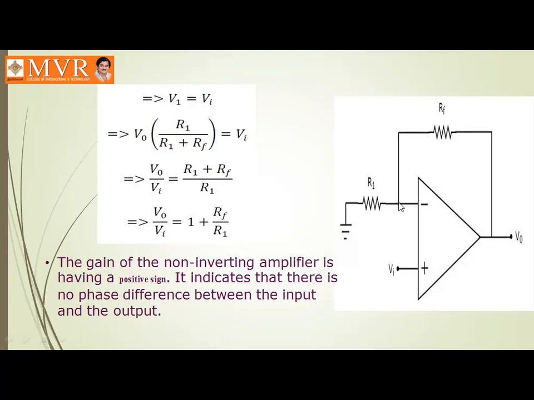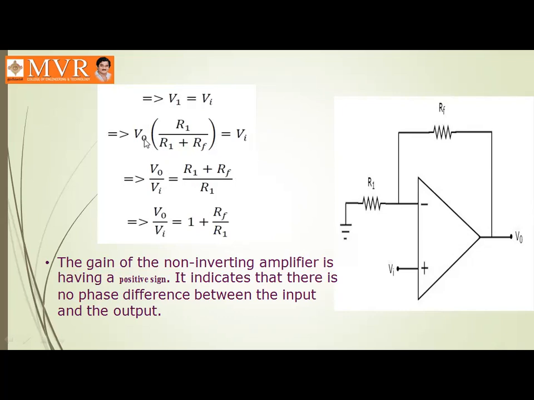For writing the equation for this Vi, we can write a nodal equation like this: V naught, the other voltage source, into R1 divided by the total resistance in this path, R1 plus Rf. That is how we write the equation for Vi.